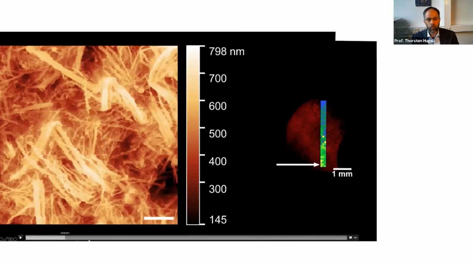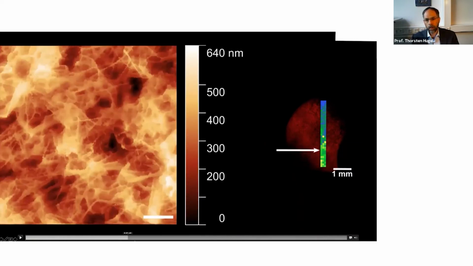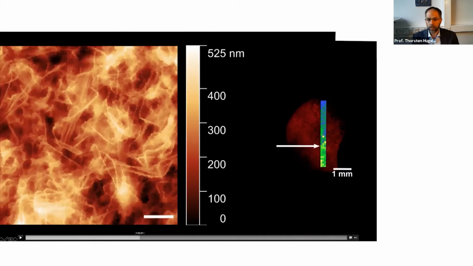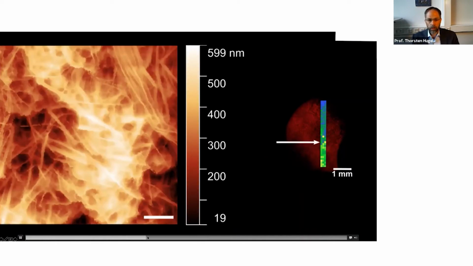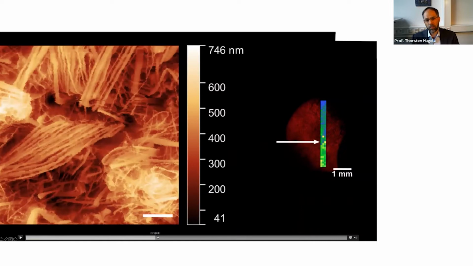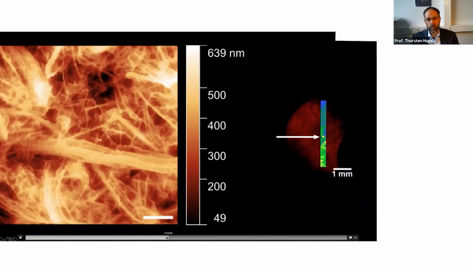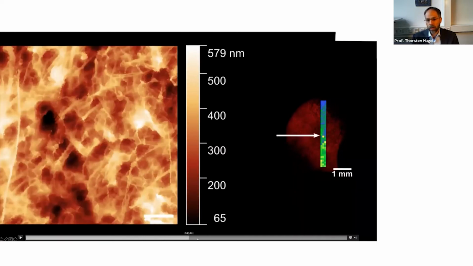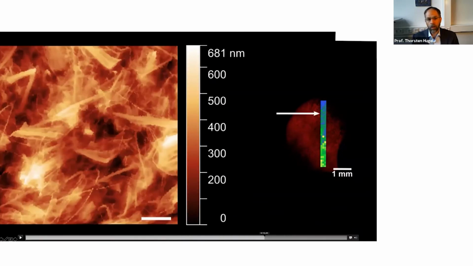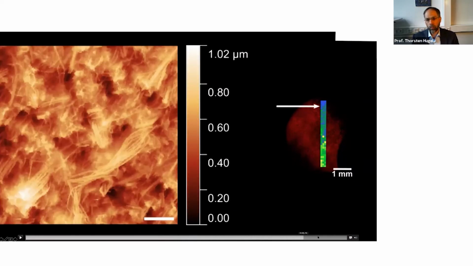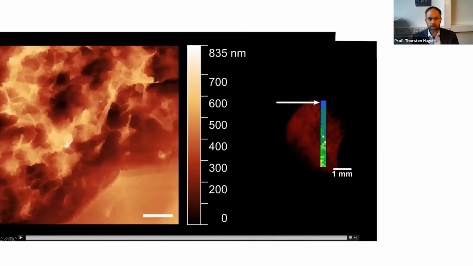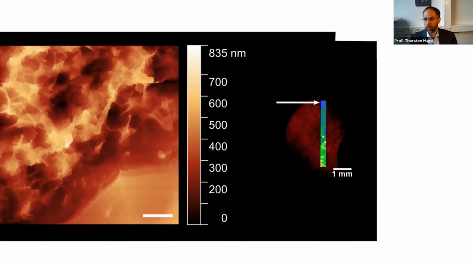And then if you move through the sample, you see on the right here that you get more and more of these clusters where they clump together, maybe also more of this debris. And then if you go further and further, it gets more and more blurry. And at the end, basically, you can't even see the collagen fibers anymore.